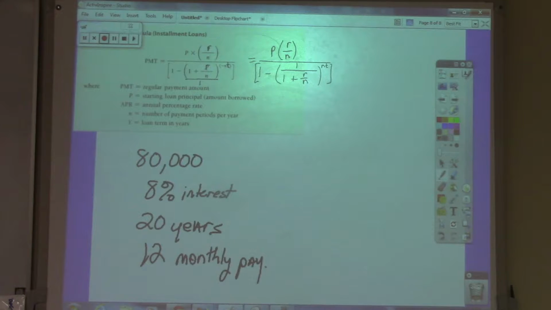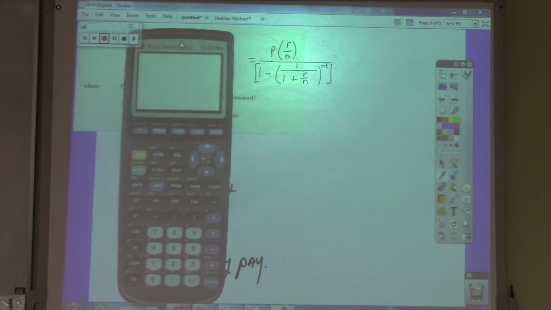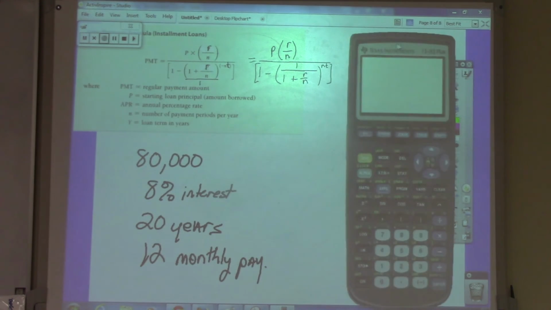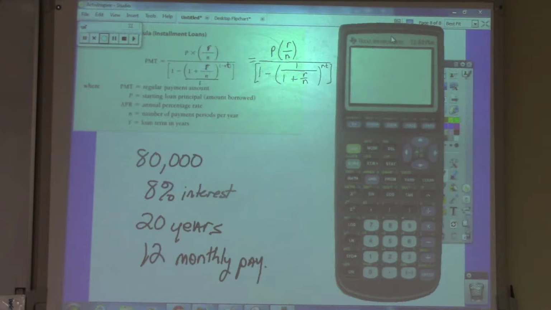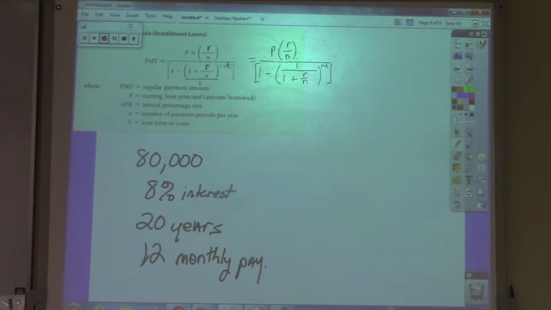So I'm gonna pull up my handy dandy calculator. And this is for students that were on the calculator drill team in high school. So this is your type problem.